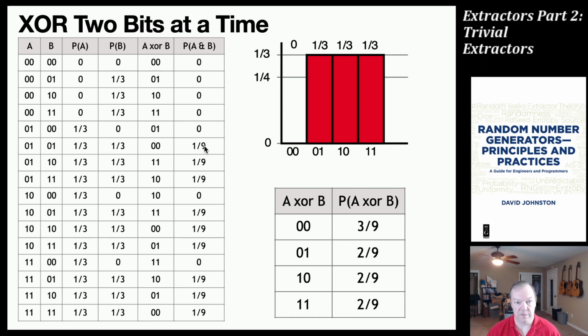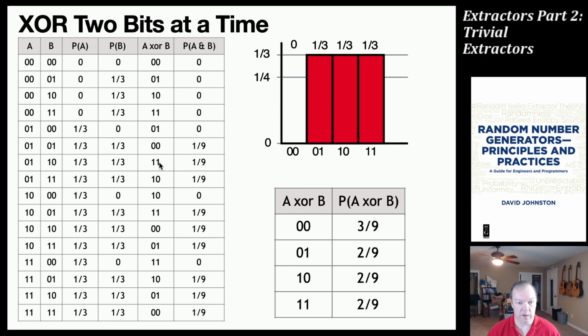So the probability of both of those happening and getting this output 0, 0 is a ninth. If we add up all the combinations that give us a 0, 0, that's 1/9 and 1/9 and 1/9, we get 3/9. And similarly for 0, 1, 1, 0, and 1, 1, we get 2/9 each.